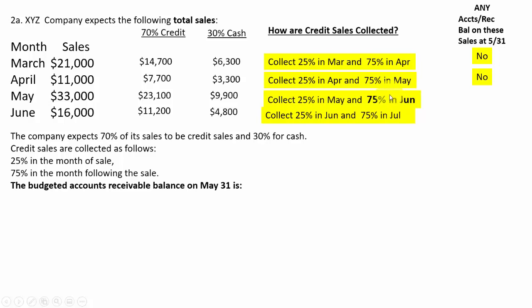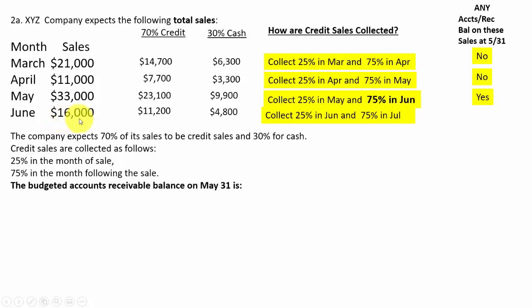Let's take a look at May. May's credit sales are going to be $23,100. 25% of those sales will be collected in May, and 75% will be collected in June. So will they have a balance at the end of May to be collected? The answer is yes. 75% of May's credit sales will be on the books at the end of May, waiting to be collected sometime in June. Now let's look at June. In June, we're really ahead of the point we want to look at, which is May 31st, so this is really irrelevant, but I'll go through it anyway.